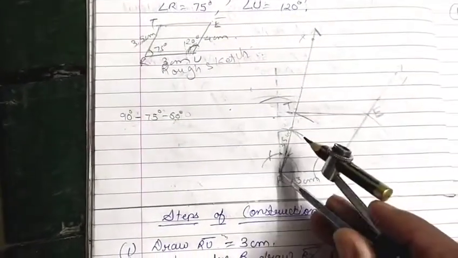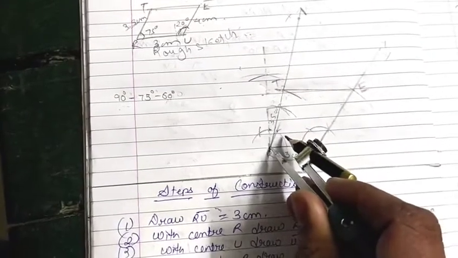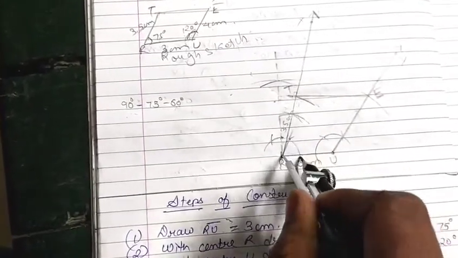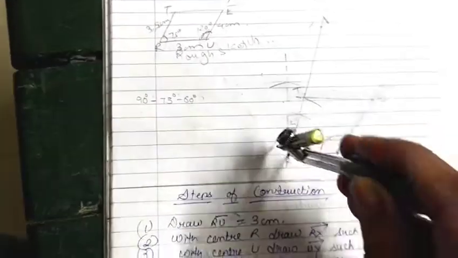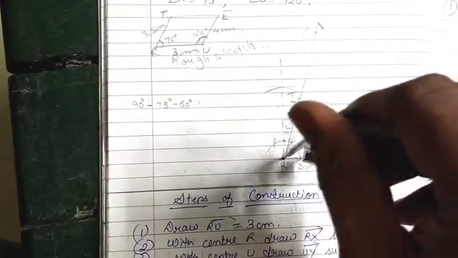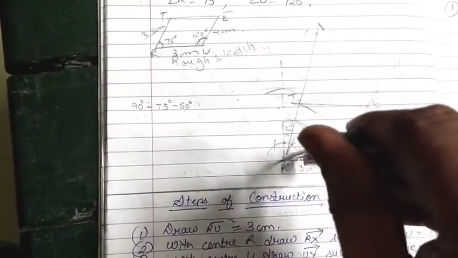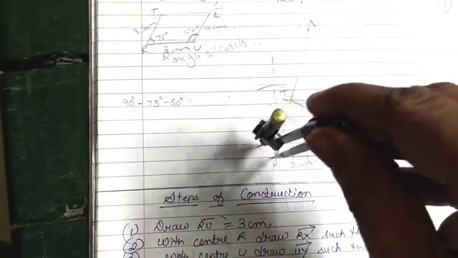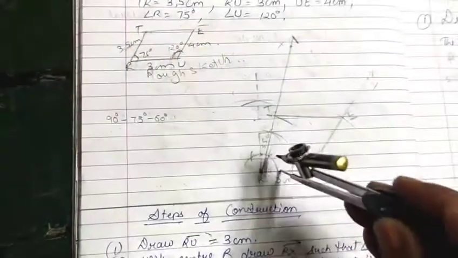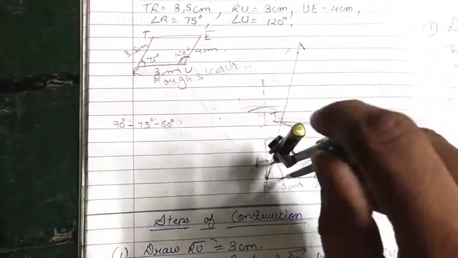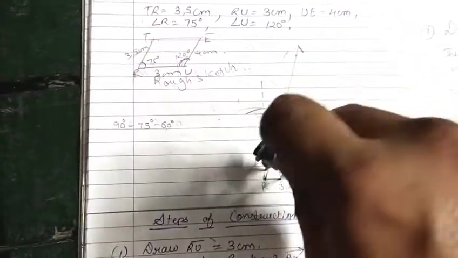So what we will do, try to draw an arc of convenient measure in this way. Then with the same measure you cut and try to get 60 degree.